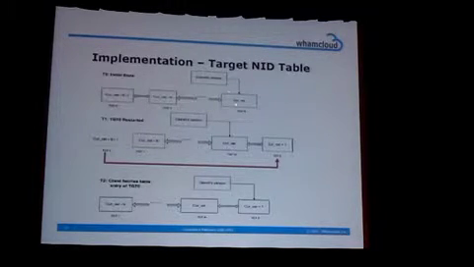So this is the latest version of the target NID table, and the client is in sync with this version. And the NID table is a linked list with the increasing version number of each entry.